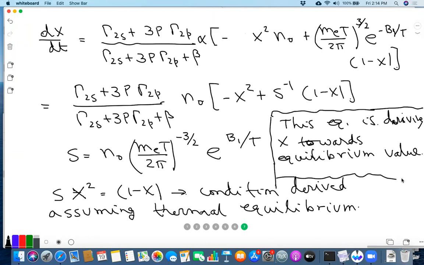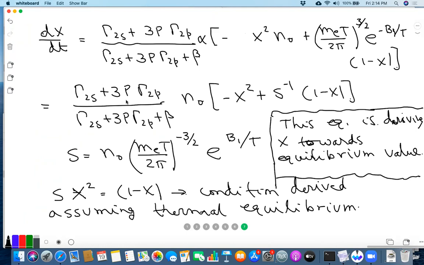But the problem is that the rate is not fast enough to establish immediate equilibrium. The reason is again that it has to go through the NL system. There is no direct transition from the free electron proton pair to 1s. And because it has to go through the NL system, the occupancy number of NL states in equilibrium is much lower than the occupancy number of the 1s states.